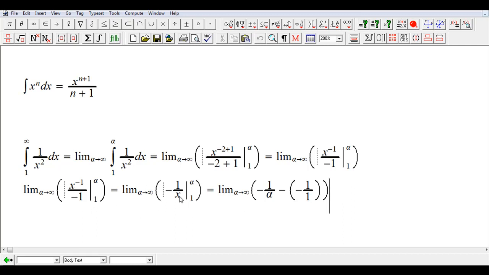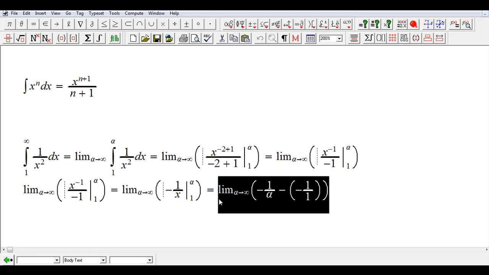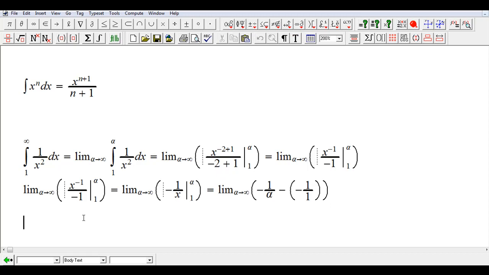First I put the top limit, minus the bottom limit. Very good.